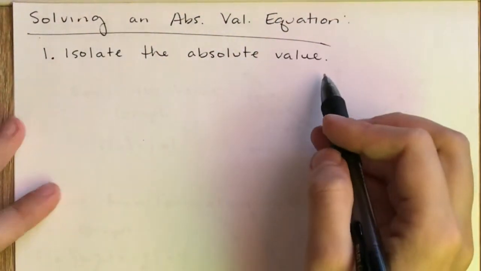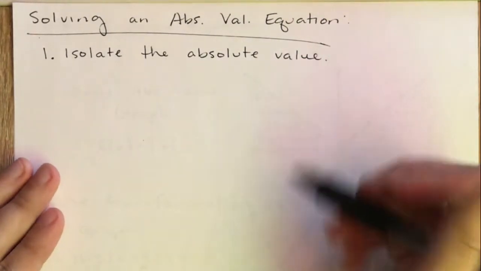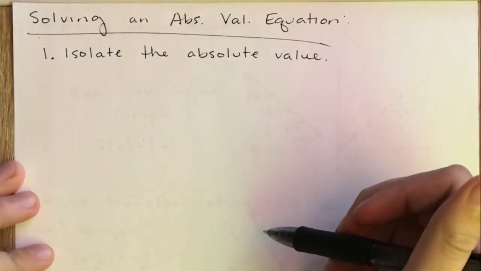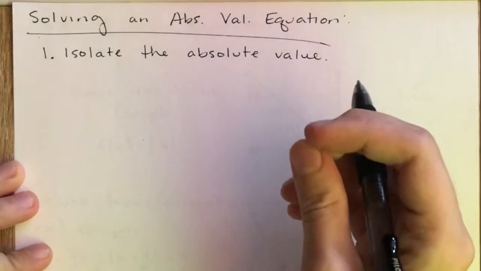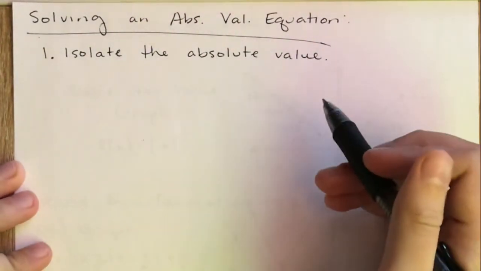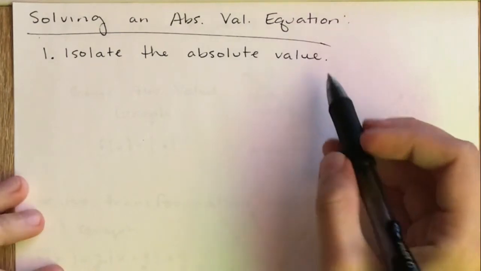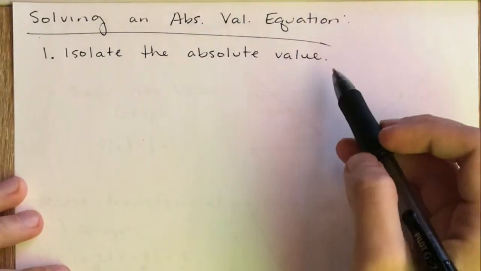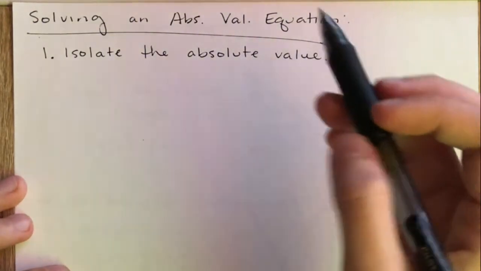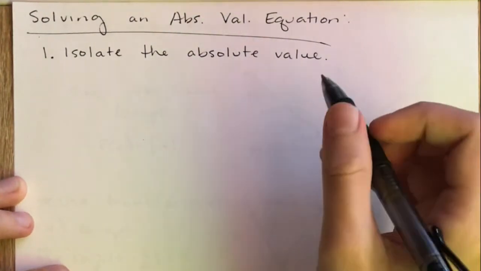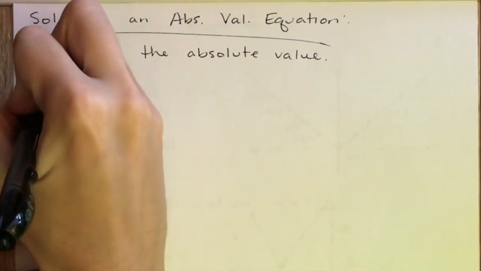If we don't do this, then the rest of our steps don't work. If there's anything else, we can't just remove the absolute value bars by themselves. We have to make sure that it's isolated first. This is something that lots of folks forget, so please make a note of this and remember to do it for every problem.